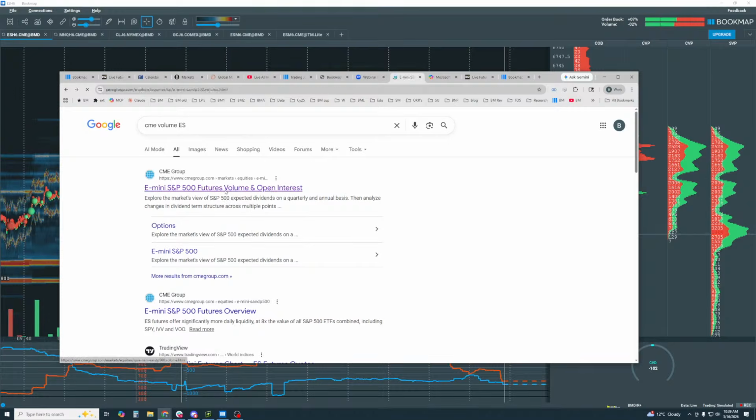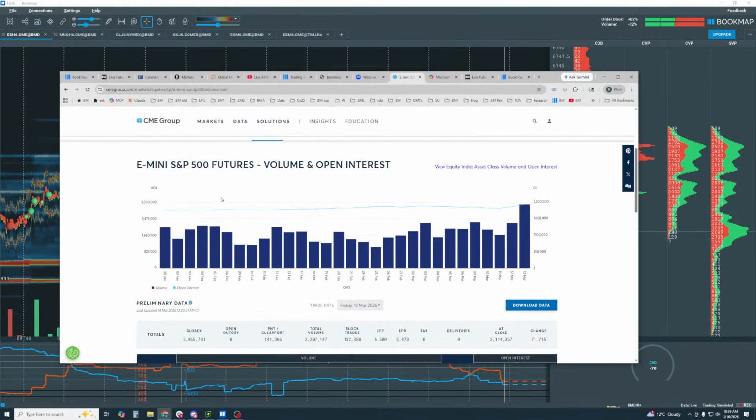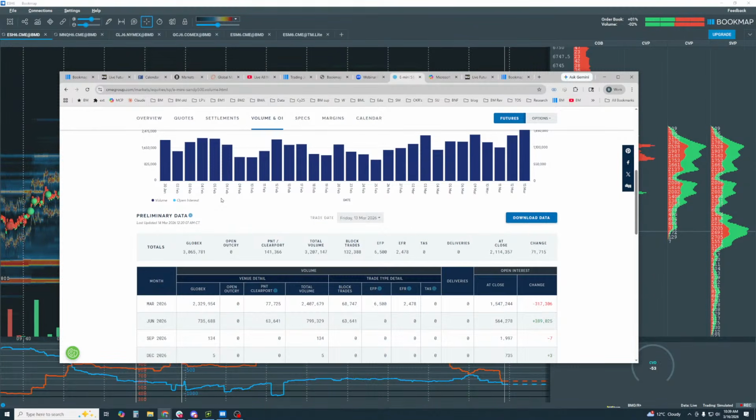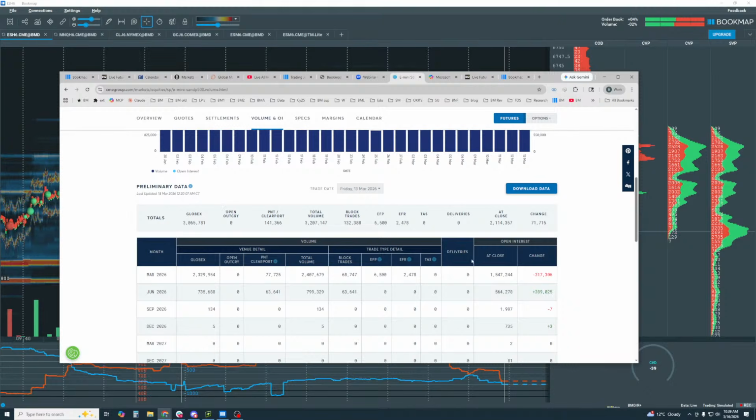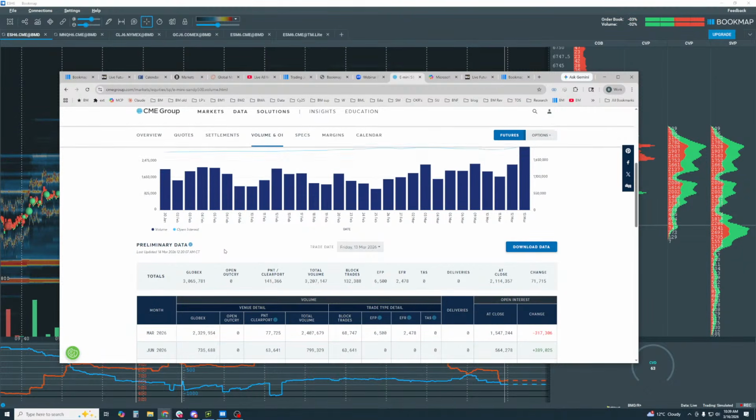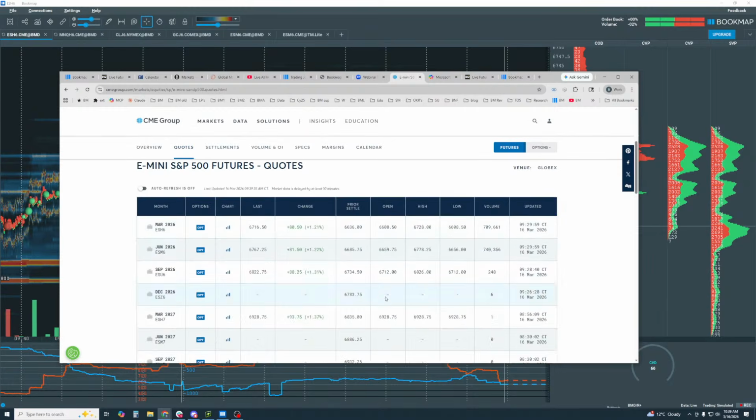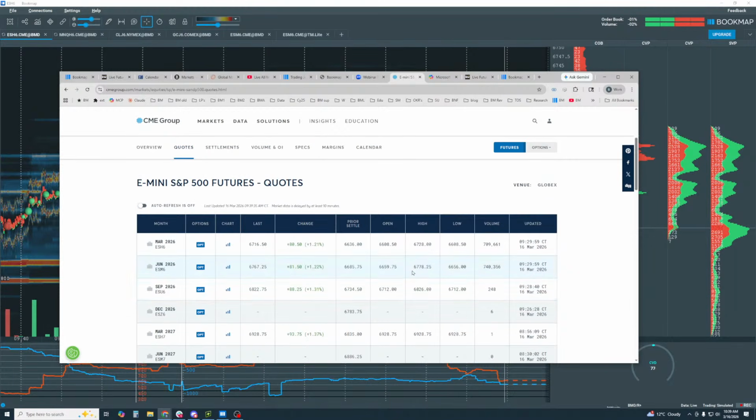Got it. Yeah, you can see here's the change in open interest, right? And here's the total volume. Let's go to the quotes though. And yeah, you can see it did shift over here. So it is shifted now, right?